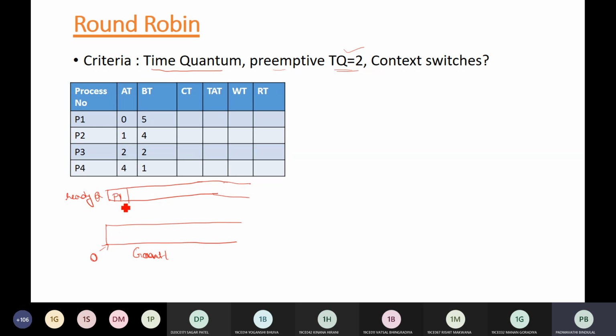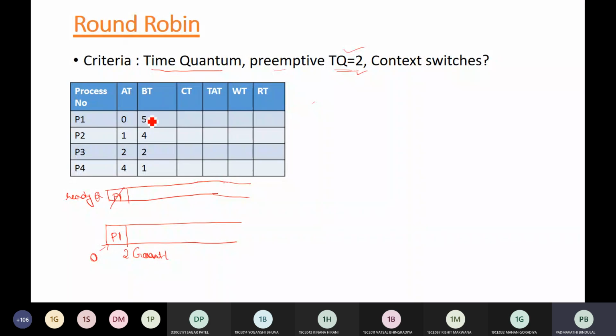You have only P1, so at the 0th instant P1 will be executed, but you have to execute it only for 2 seconds because the quantum is given as 2. Now in the 2 seconds, what other processes do you have in your system? P1 was there, you have removed it and scheduled it, but you have executed only 2 seconds of P1.